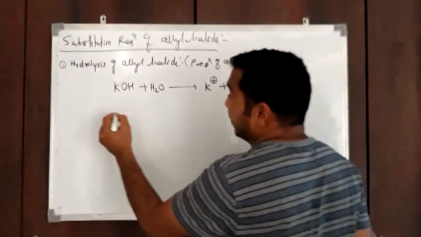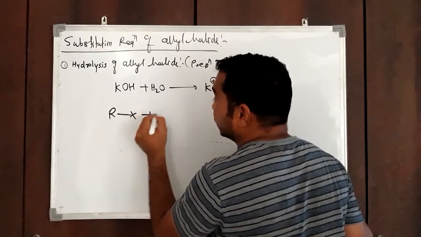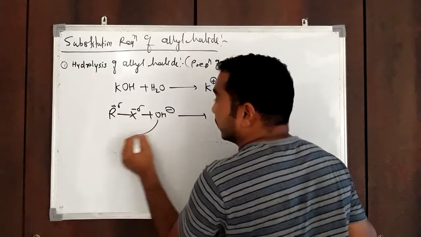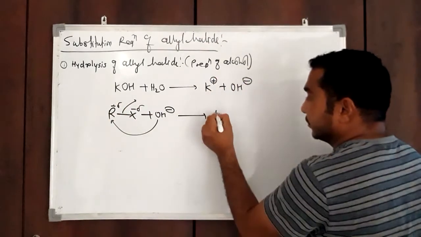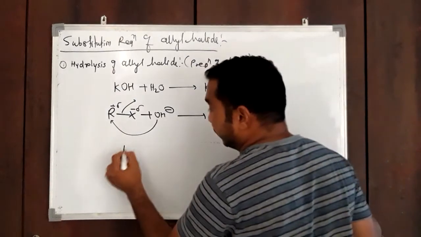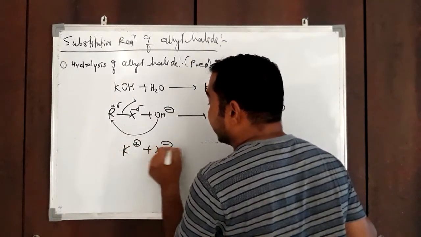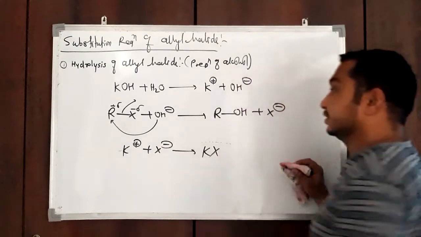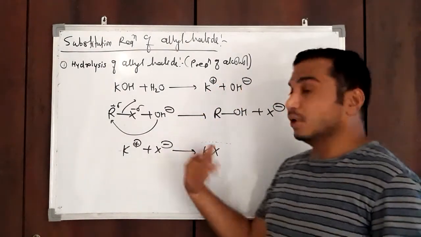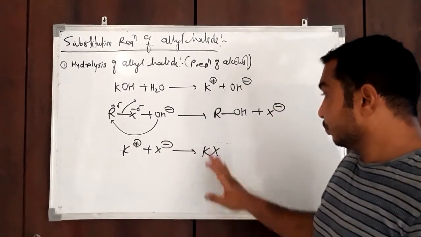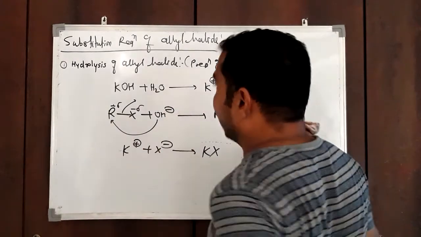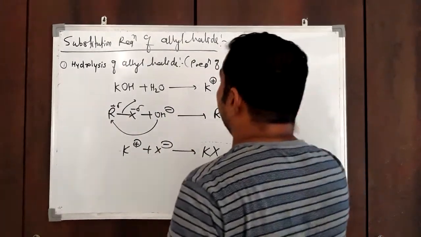Then this OH minus ion will replace the halogen atom, giving ROH plus X minus, and then K plus and X minus combine to give the salt KX. Okay, so this is the simple reaction. This is called alkaline hydrolysis of alkyl halide.